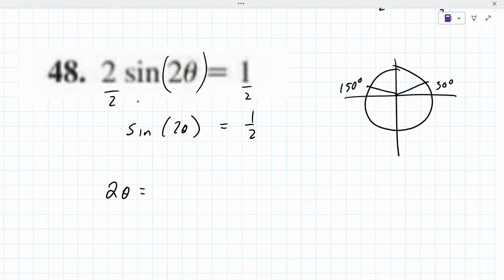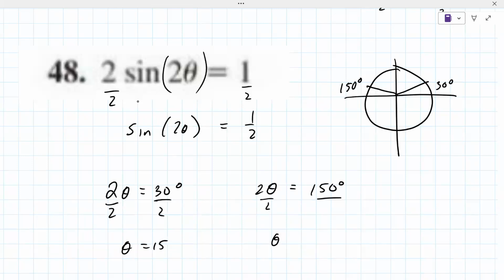So 2 theta equals 30 degrees and 2 theta equals 150 degrees. Then you divide by 2. So you get theta equals 15, theta equals 75. And what you should notice is when it gets smaller like this, you realize, oh, I have to keep going. But this one's different than the last one. It's not that the next one is going up by 120.